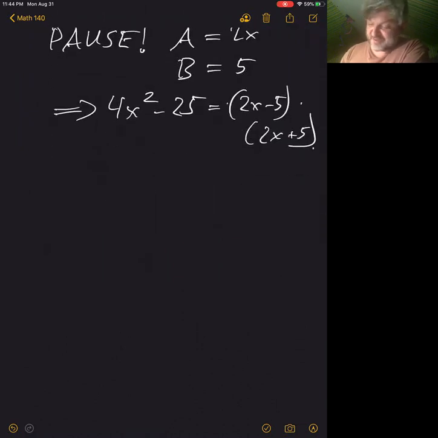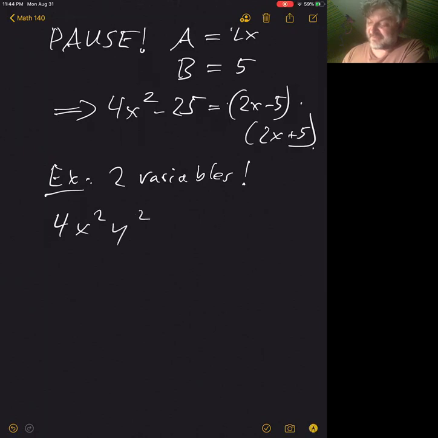Let's push the envelope a little further. Two variables. How about 4x squared y squared minus 9x to the 4th z squared.